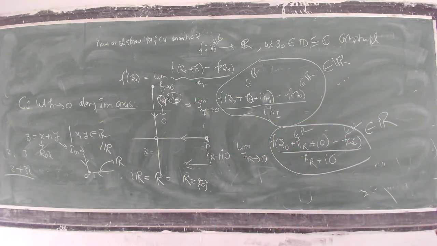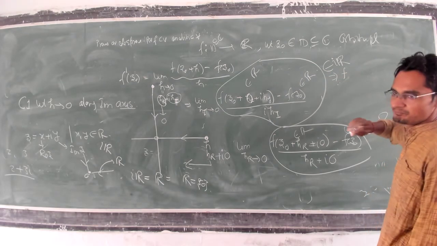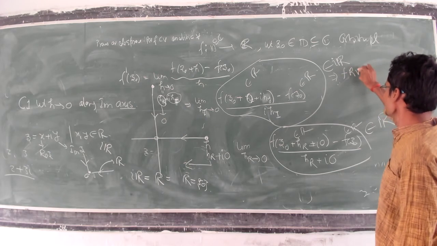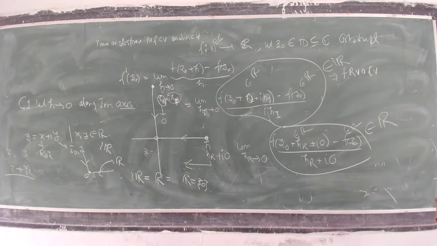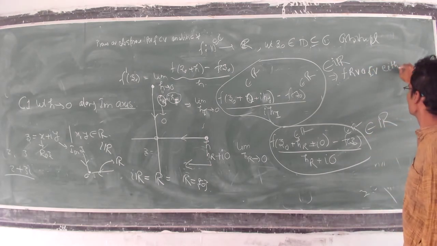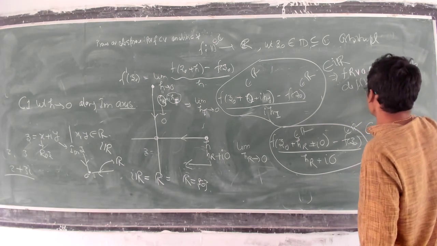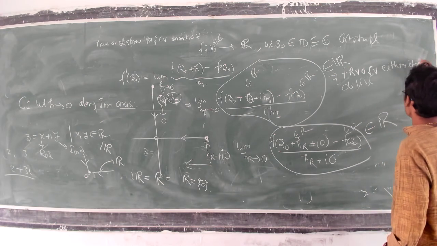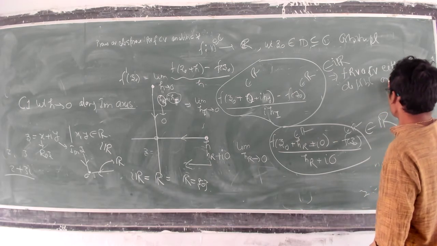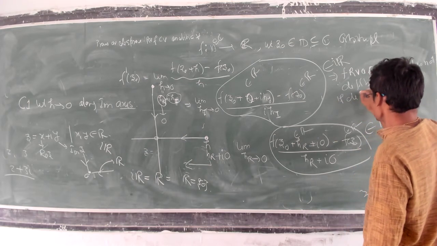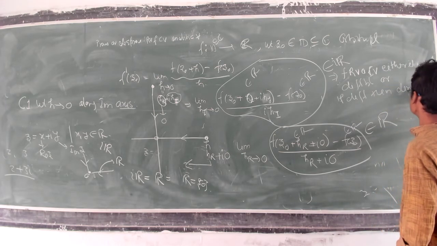What does this mean? This means that if a function f is a real valued function of a complex variable, then either it is not differentiable, or if differentiable, then the derivative will be 0, correct?